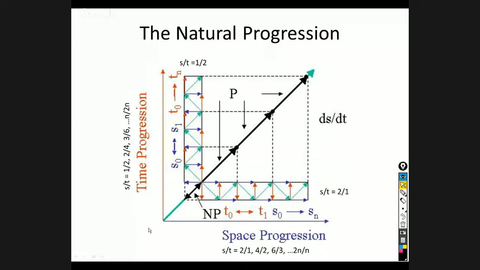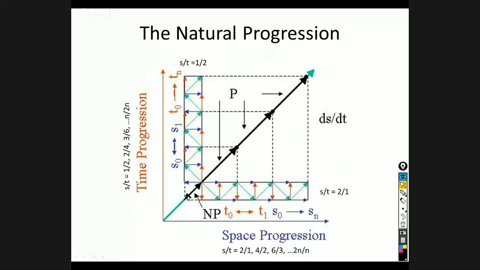But if we look at the natural progression chart that we've used in a couple of these presentations, we can see that there is something very, very interesting here that goes right along with our number system. If we recall now, time is progressing in the vertical axis along this red line, and space is progressing along this blue line, and we can consider it in units.